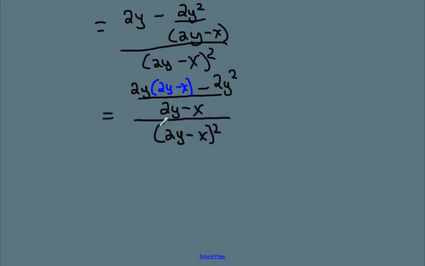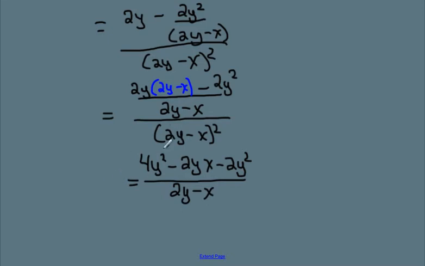Okay, so at this point, now I'm going to multiply 2y times 2y. That's going to give me 4y squared minus 2yx minus 2y squared, all over 2y minus x. Now I've got this fraction in the denominator, so I'm going to bring it up here and make it 1 over (2y minus x) all squared.